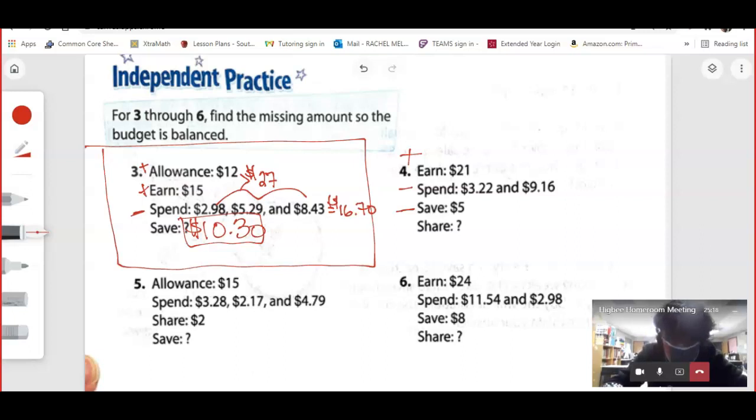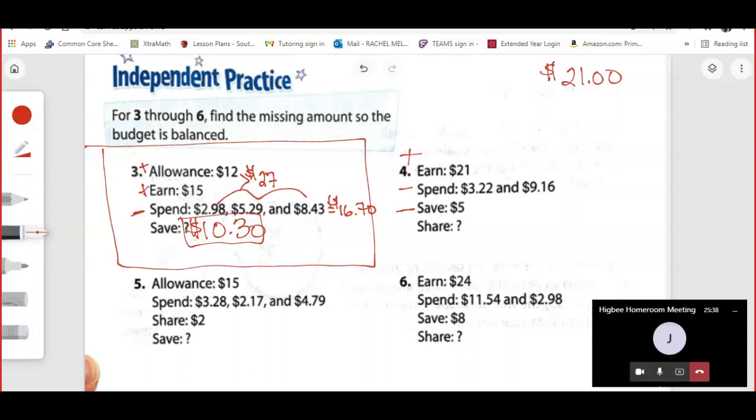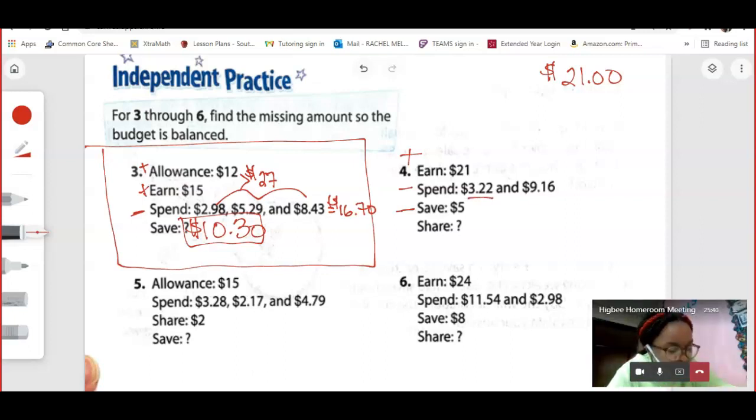Okay? So my income this time, I only have one income. And that's $21. That's my income. So how do I find my expenses? You add. So I'm going to add what's in the spending and what's in the saving because that's also an expense.